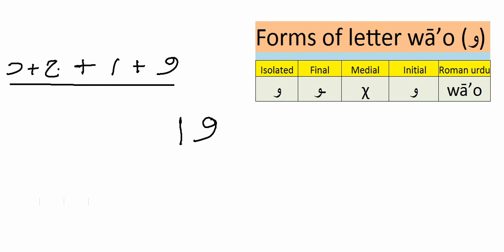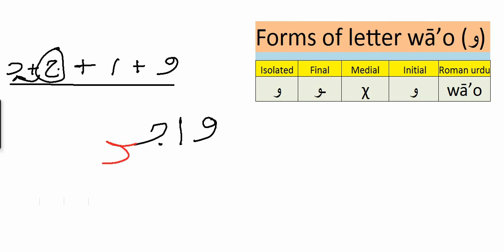So it becomes wa. Then alif is also not accepting any letter after it, same like waw, so we will write jim here, but I wrote the initial shape of jim, not the full shape. Why? Because I need to attach the other letter, which is dal. So dal I can attach in final form because dal is the final letter of the word.